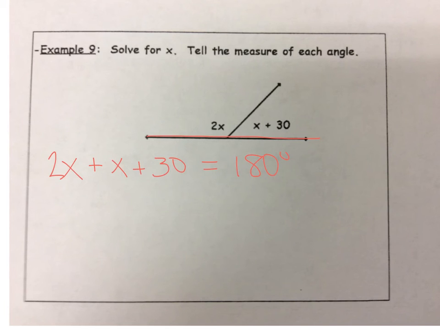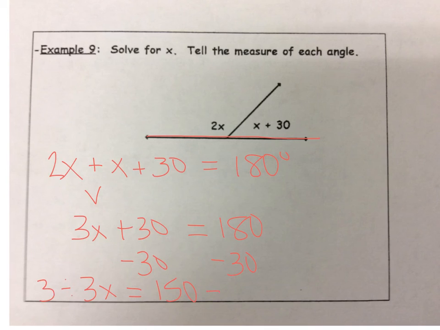Again, I combine like terms. 2x plus x gives me 3x, and then I bring down my plus 30, and that equals 180. I subtract 30 from both sides, and I end up with 3x equals 150. When I divide by 3 on both sides, x equals 50 degrees.